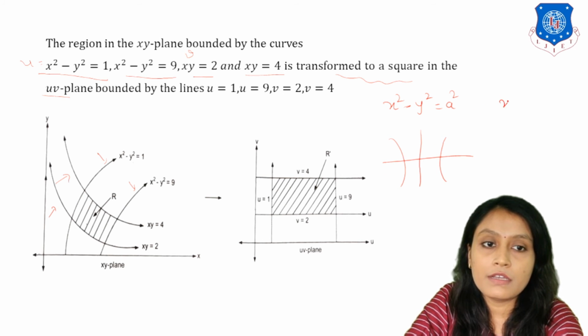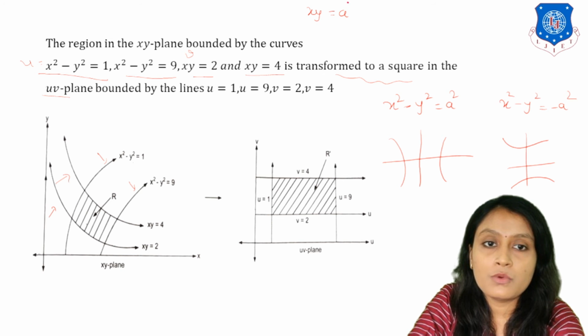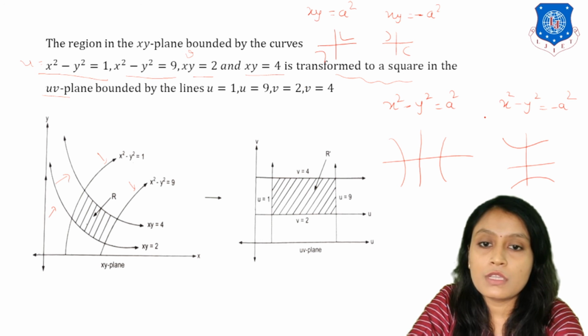And if given x² − y² = −a², then the graph of this hyperbola will be on the y-axis like this. And if xy = a² is given, then your graph will be like this. And if xy = −a² is given, then your graph will be formed like this. So according to this criteria you have to draw the graph of these hyperbolas, right?